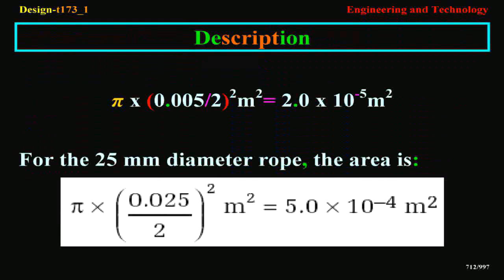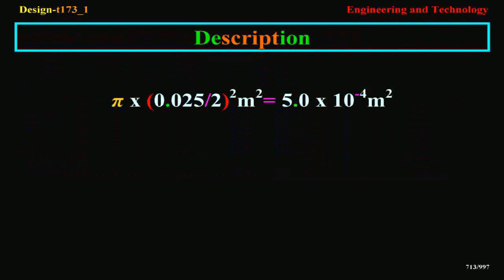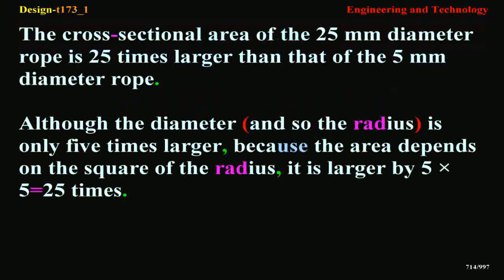For the 25 mm diameter rope, the area is π × 0.025² m², equal to 2.0 × 10⁻³ m². The cross-sectional area of the 25 mm diameter rope is 25 times larger than that of the 5 mm diameter rope. Although the diameter and so the radius is only 5 times larger, because the area depends on the square of the radius, it is larger by 5² equals 25 times.